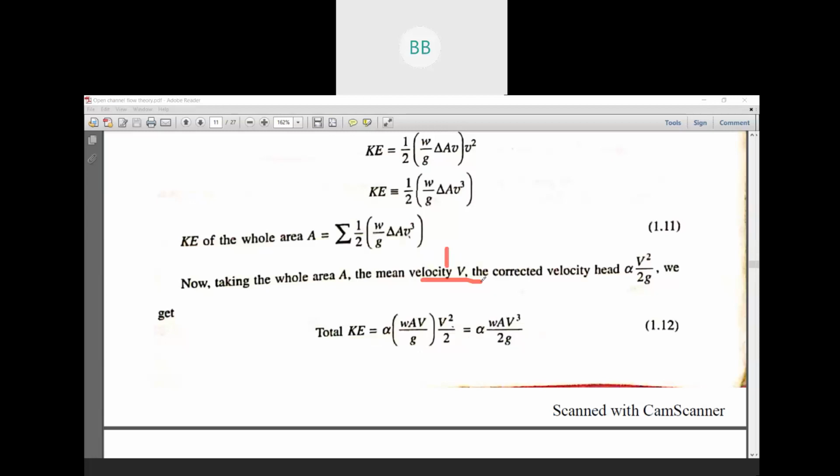So the equation will be the same, half into mass into velocity square. So mass, again we have already discussed, is specific weight. Today my mouse is not working properly.